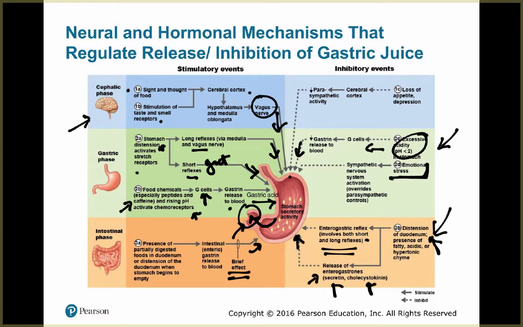Also, emotional stress can activate the sympathetic nervous system and cause you to override the parasympathetic and reduce gastric juices. And to go with emotional stress, loss of appetite and depression can also cause a decrease in parasympathetic activity and inhibit.